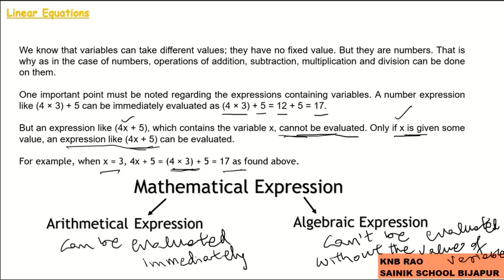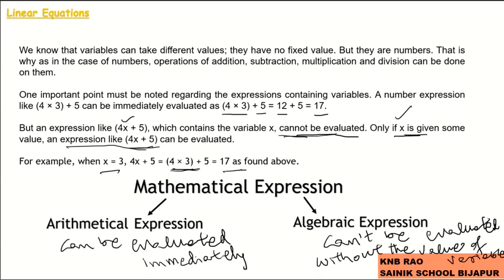We know that variables can take different values, but they have no fixed value, but they are numbers. That is why, as in the case of numbers, operations of addition, subtraction, multiplication and division can be done similarly on the variables.